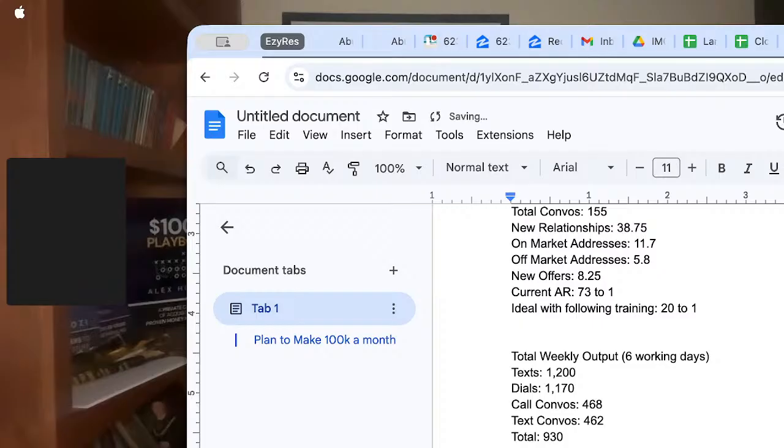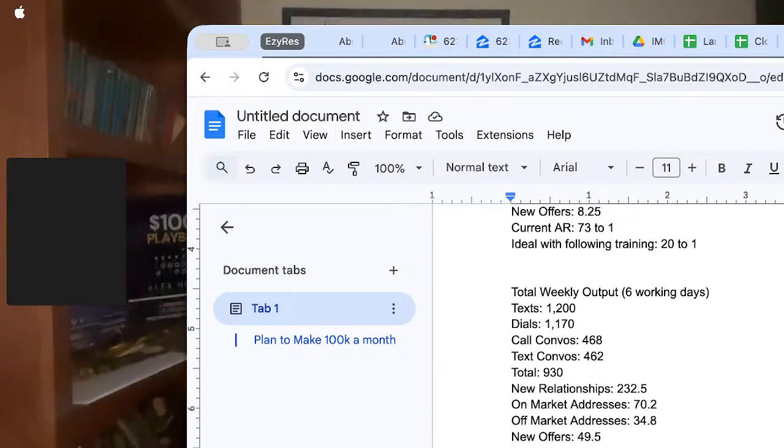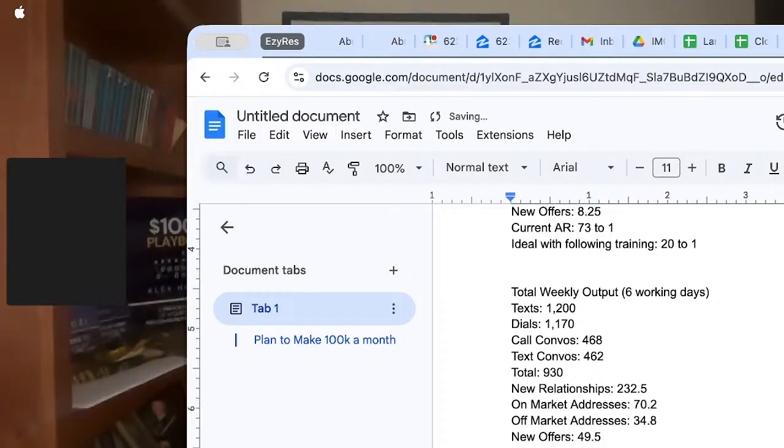So, we're going to do total output for March. Text 1200 times 4, 4800. Dials 1170. Call convos 468 times 4, 1872.